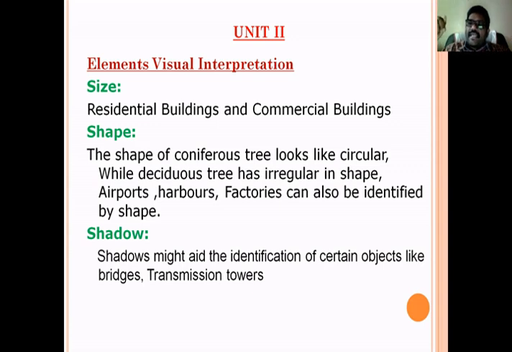Otherwise, we can conclude that this is a residential area. That's why size is also one of the parameters to interpret spatial data.